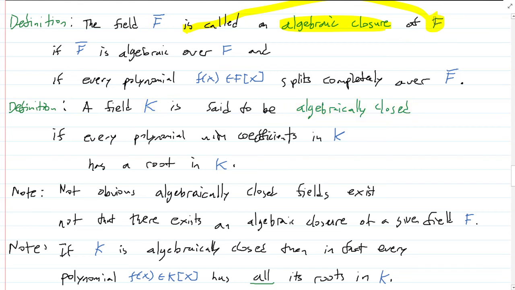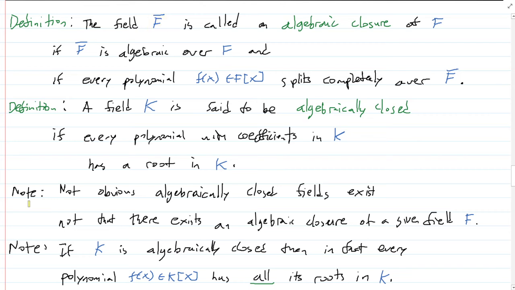You take a field and extend it to get some algebraic closure, but algebraically closed means you take a field and ask whether every polynomial with coefficients in this field has a root in this field. And algebraic closure means any polynomial with coefficients in a ground field splits completely in the extension.